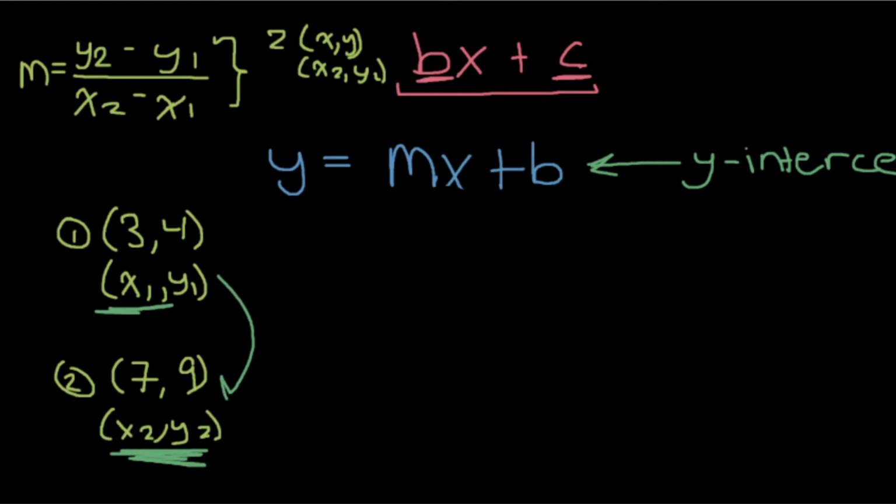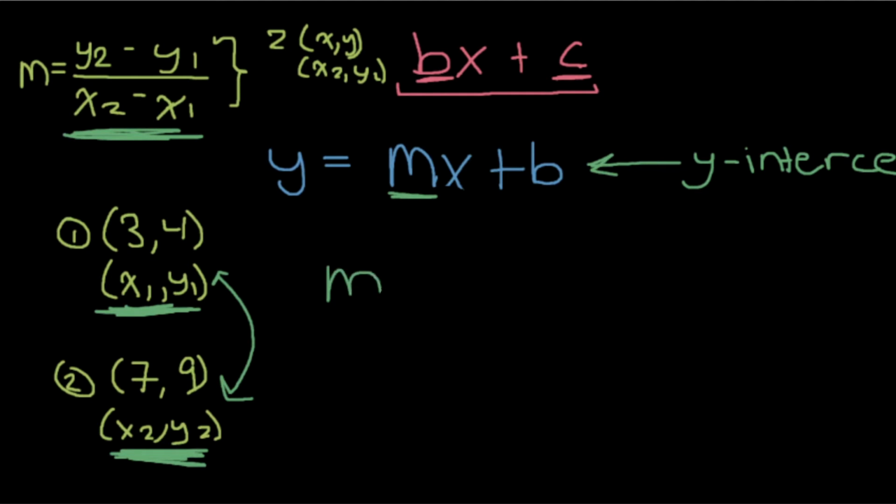You could switch these, but as long as they maintain the same order throughout the equation we're going to use to find the slope, it will be alright. You cannot start off with y2 in one spot and then switch it to y1 in the other spot. In the beginning you could have these two switched, but as you move through the equation, you cannot change it.